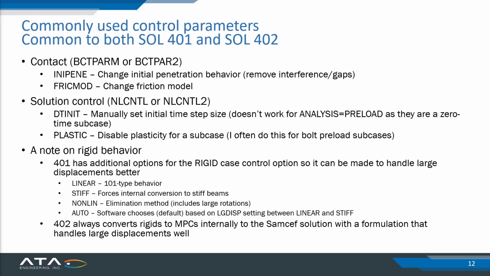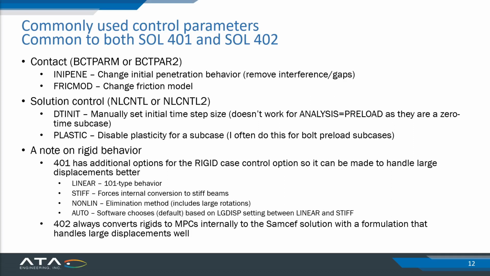So kind of a pro tip is that 401 has an option in the case control area with, you might be familiar with the rigid command, where it can either be set to rigid or Lagrange for a solution 101, and you might use Lagrange if you want your rigids to expand with a CTE, for example. 401 expands that to allowing you to have a linear behavior, which is pure 101 type behavior.